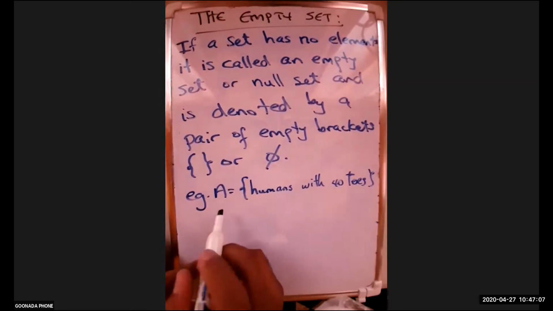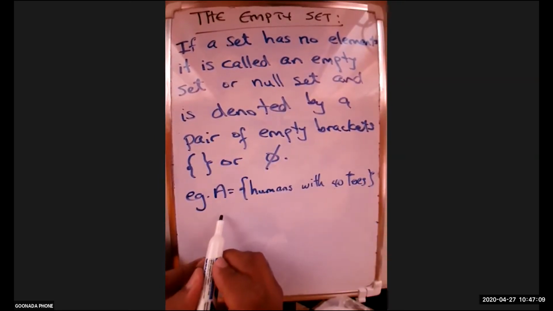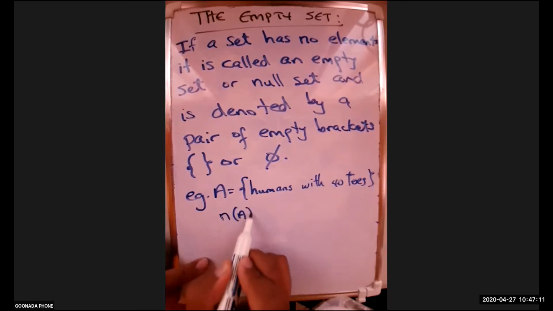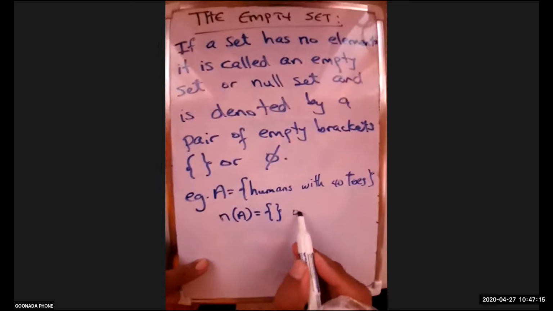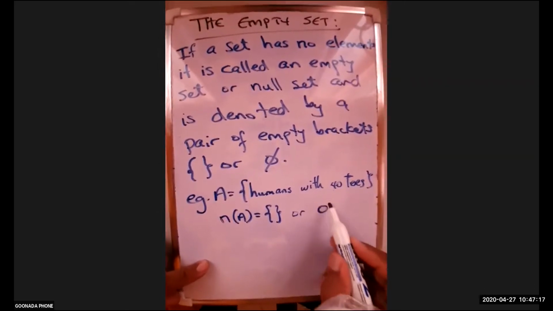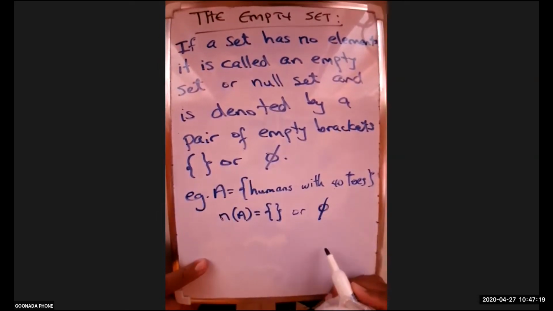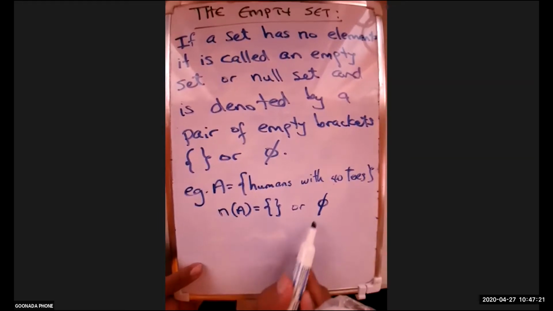Since there are no humans with 40 toes, we write the number of elements in A is equal to the empty set, or the symbol phi. Correct, yes. Okay.